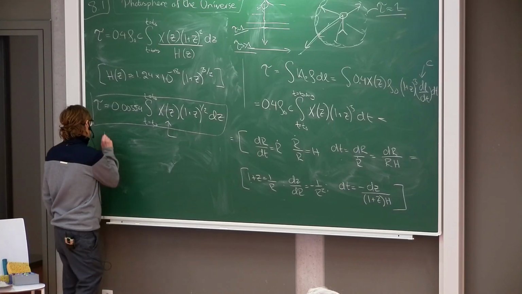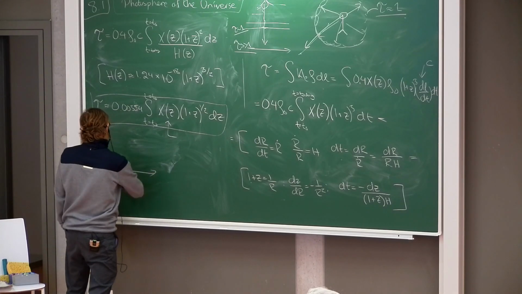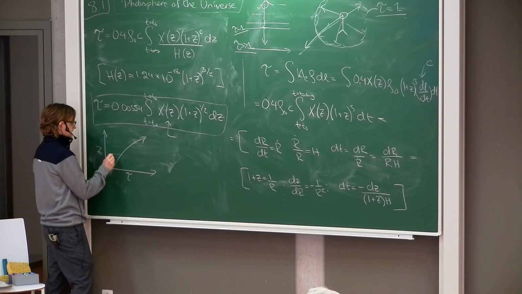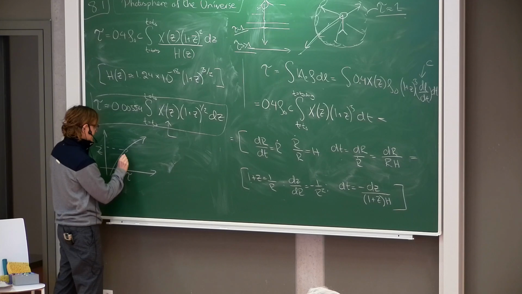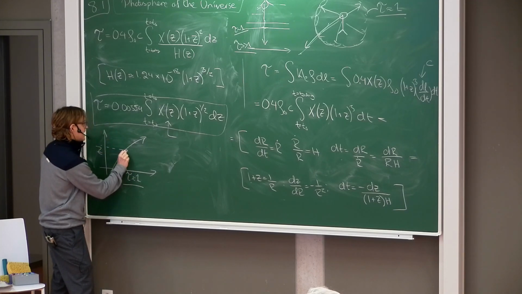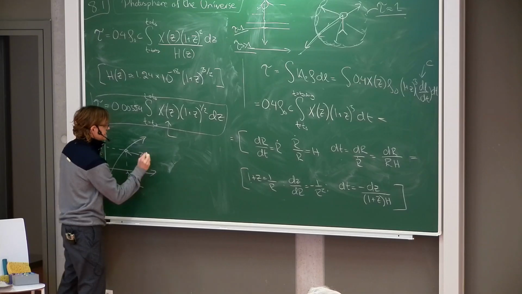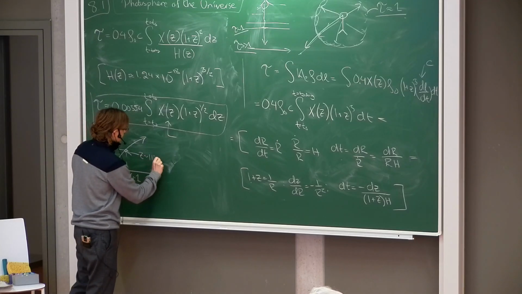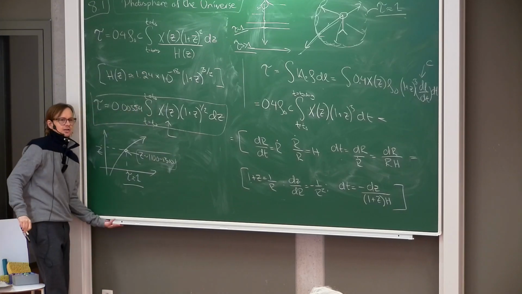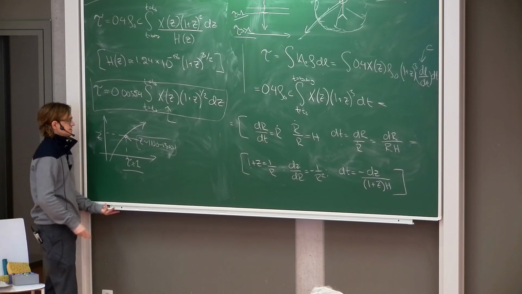Because if you do the full numerical integration, you will get something like this, where tau versus z, and then you will indeed see that you hit tau equals unity at around z between 1100 and 1300, depending a little bit on your cosmological model and on various other assumptions.